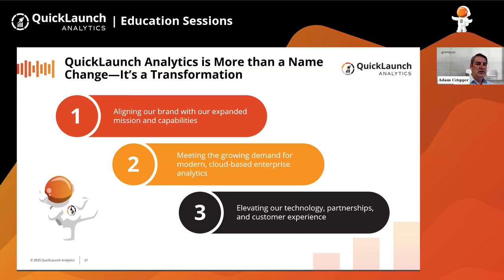Our mission is to empower everyone to make confident decisions with data, right? And I think QuickLaunch Analytics is what we found to be the best path to help customers on their journey to achieve that.